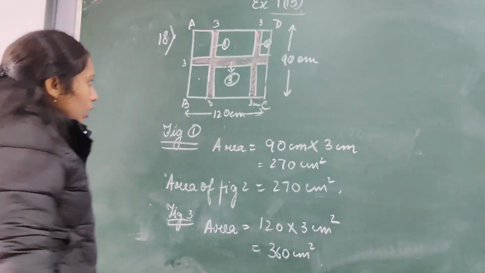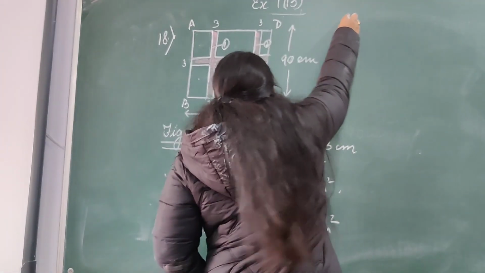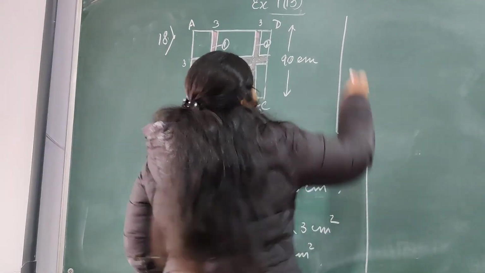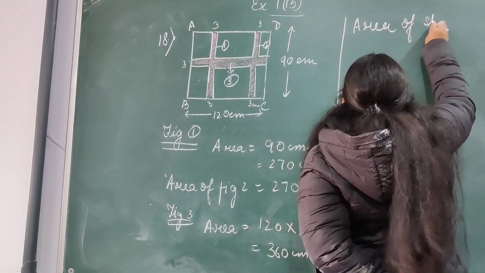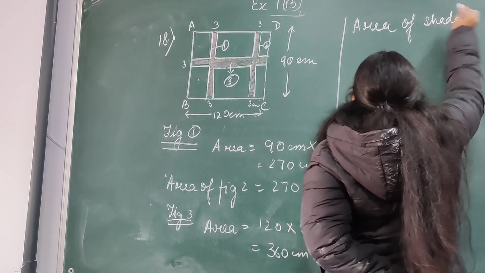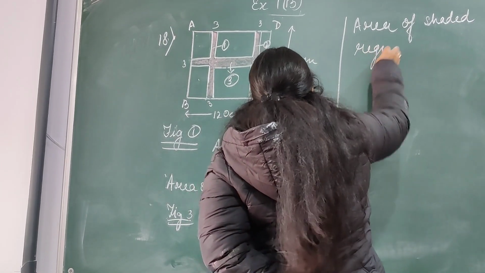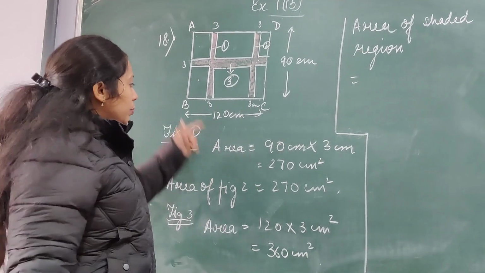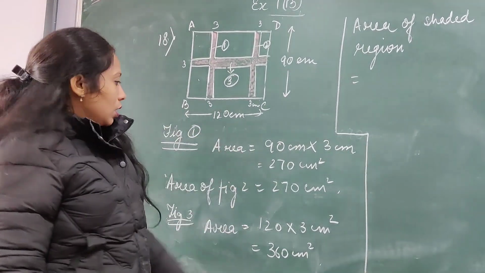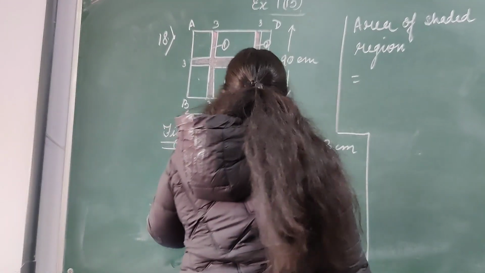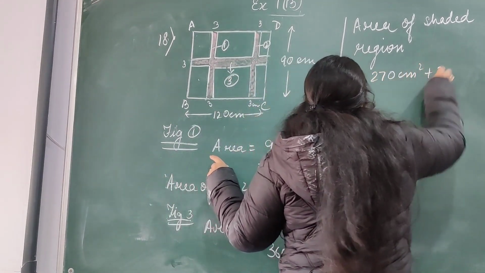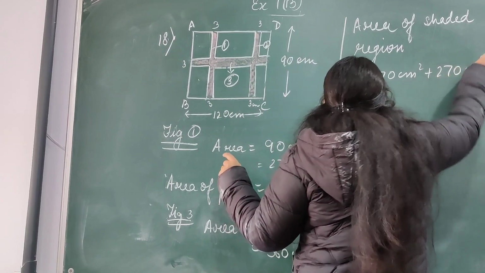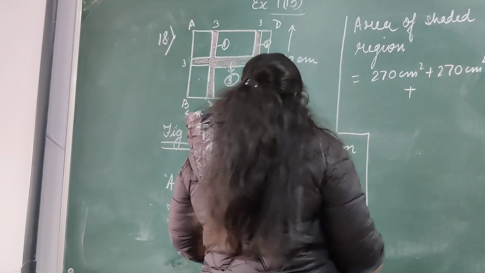Now, to calculate the area of the shaded region, we can add the area of the figures. So area of figure 1 is 270, then area of figure 2 is again 270, then area of figure 3 is 360.